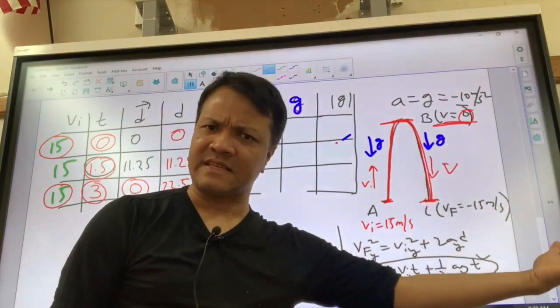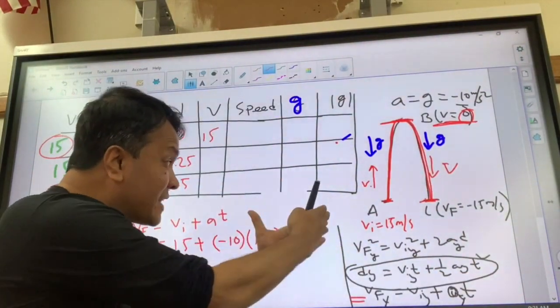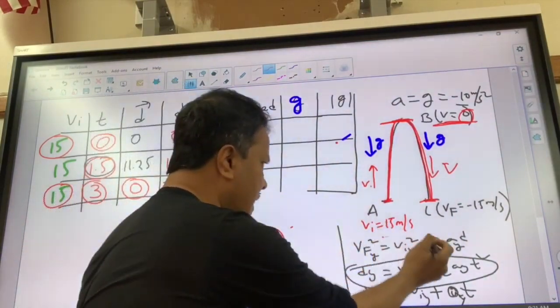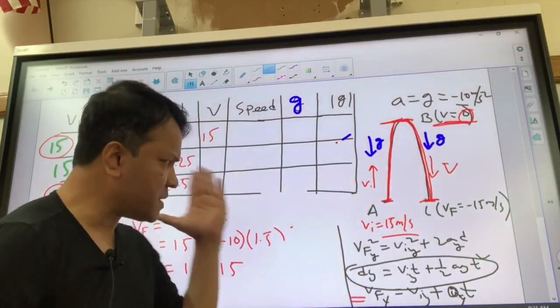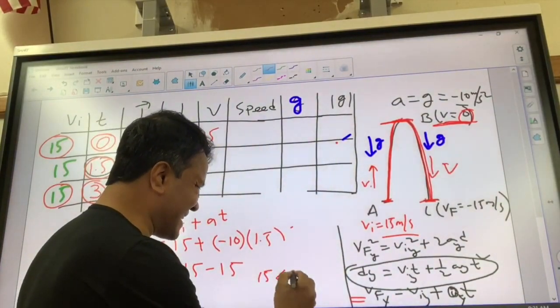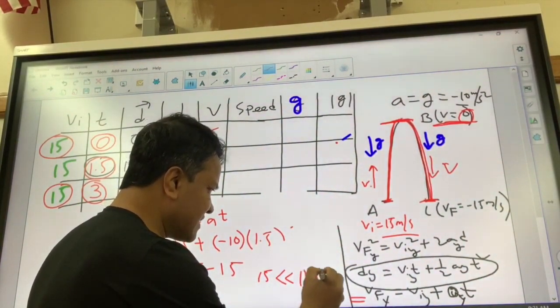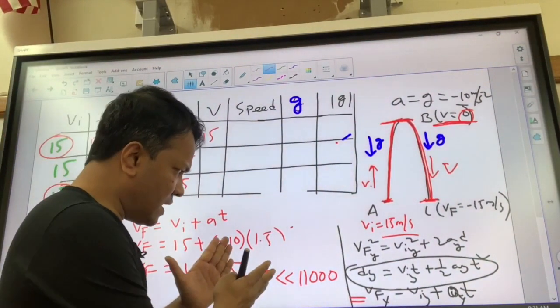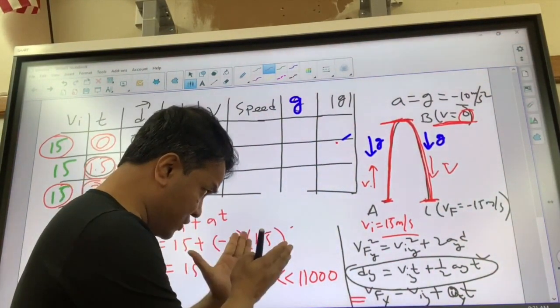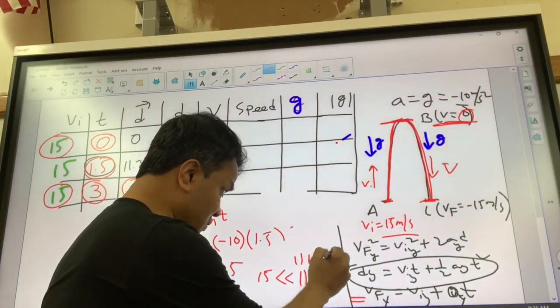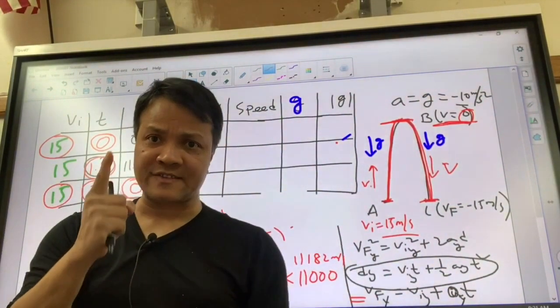That's not escape velocity. Earth's escape velocity is little more than 11,000 meters per second. I think it's 11,182 meters per second.